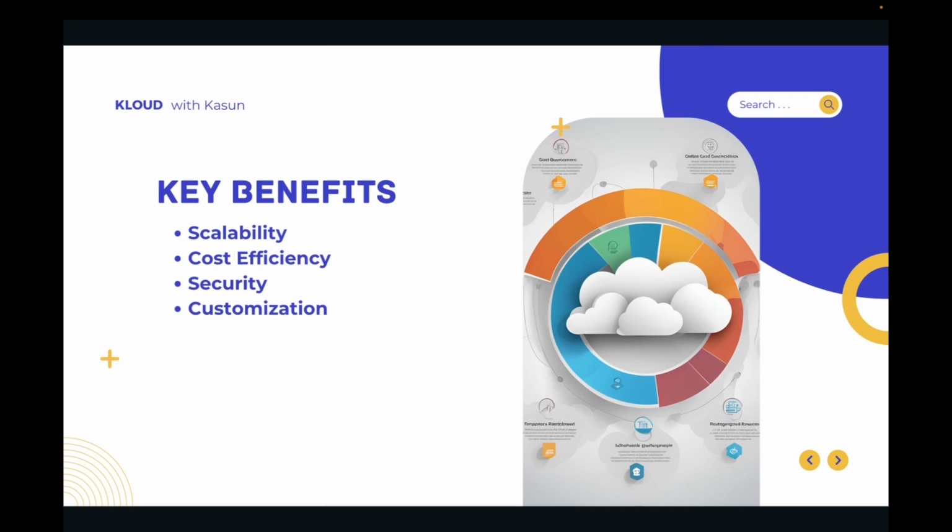Next, we will take a look at what the key benefits are when you are using Managed DevOps Pools. So first is scalability. You can scale up to hundreds or thousands of agents, ensuring that your pipelines run efficiently even under heavy loads.